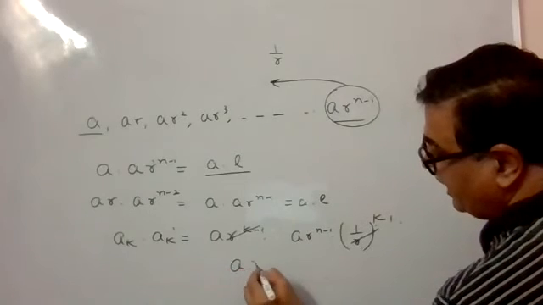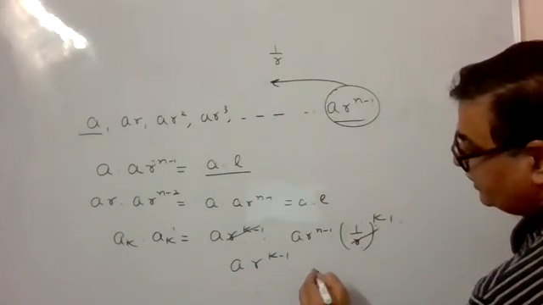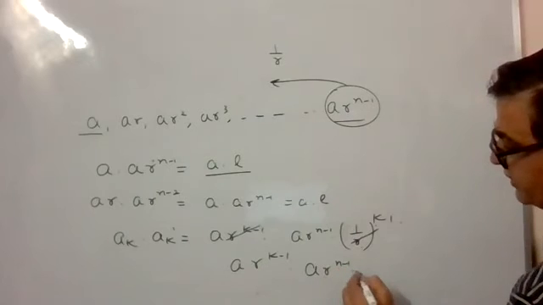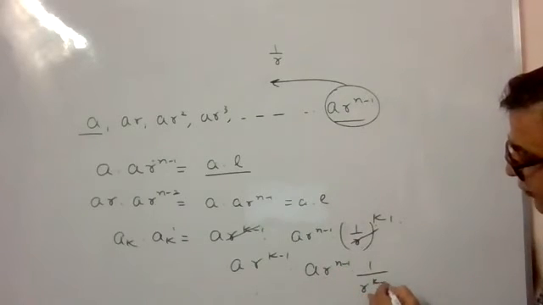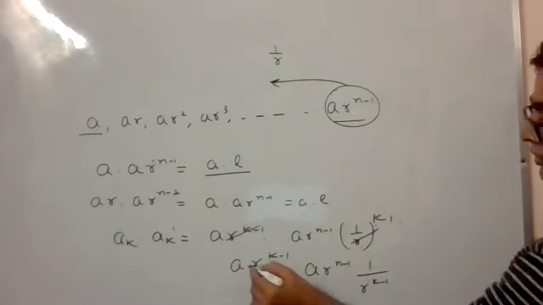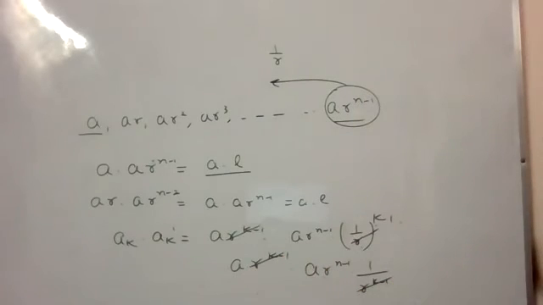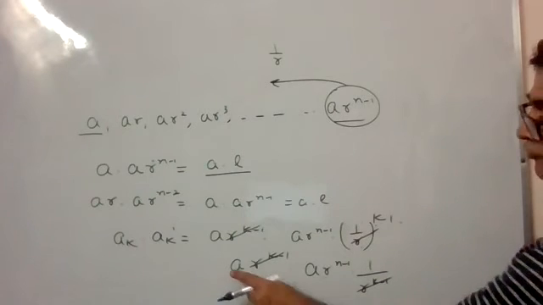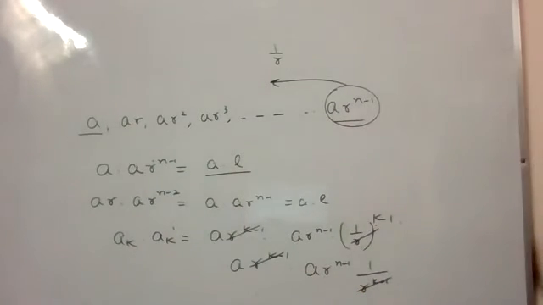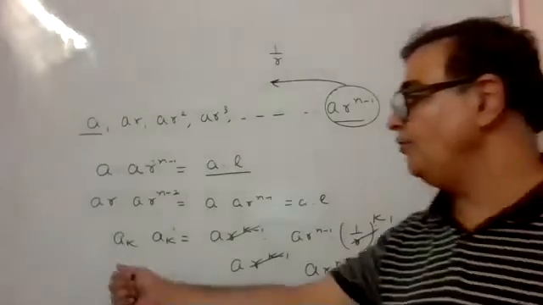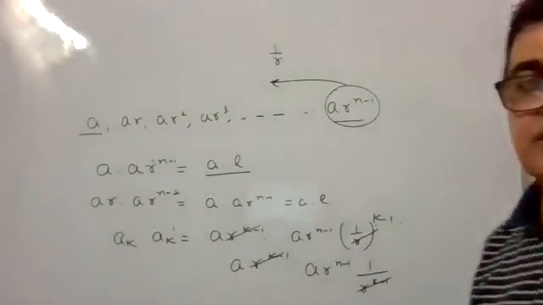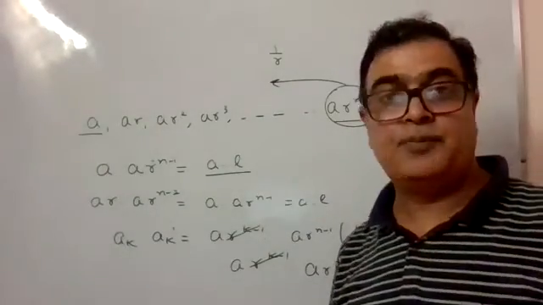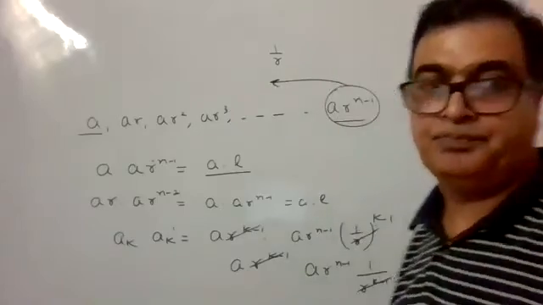Just check: a r^(k-1), a r^(n-1), 1 by r^(k-1). This part is clearly gone. Left is a into a r^(n-1). This is the first term, this is the last. So always, when the terms you take are equidistant, the product comes out to be the same.